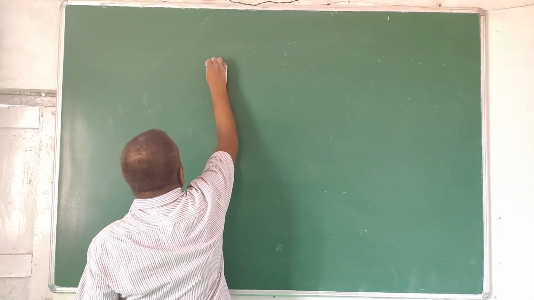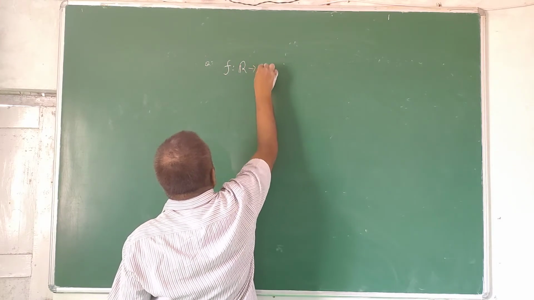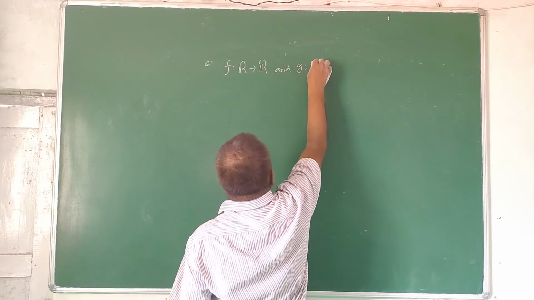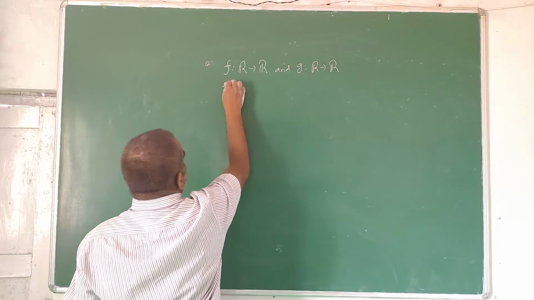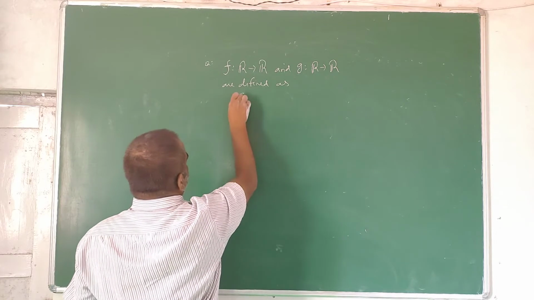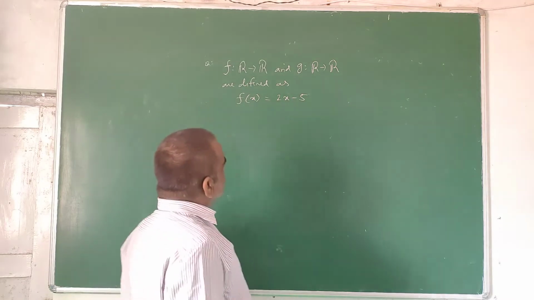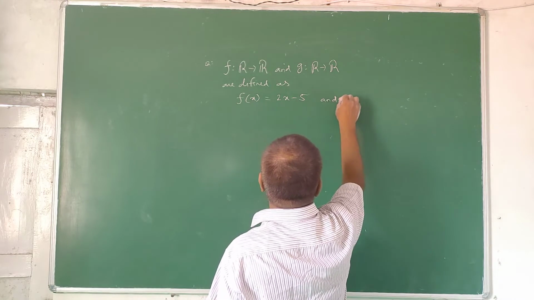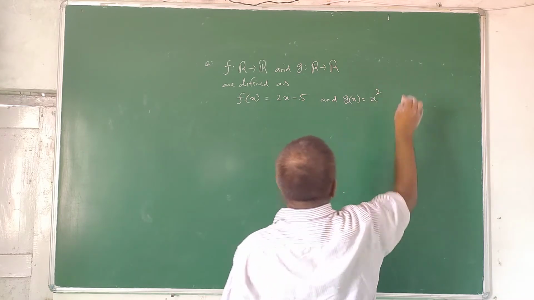The question is: f from R to R and g from R to R are defined as, say, f of x is equal to 2x minus 5 and g of x is equal to x square.